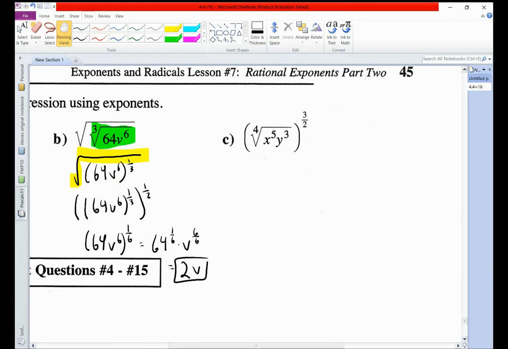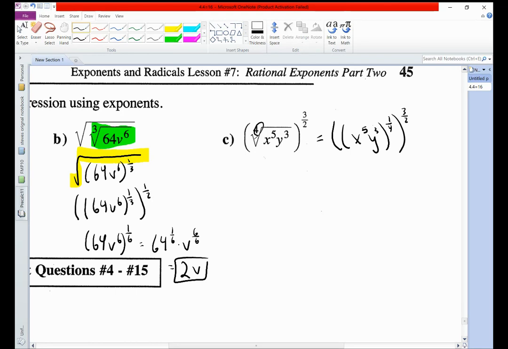The next one is pretty weird, but don't be freaked out. You can totally do this. So we have the fourth root of x to the power of 5 times y to the power of 3, all to the power of 3 over 2. So we can rewrite this as x to the power of 5, y to the power of 3, and we're going to convert this fourth root into exponent 1 over 4, all to the exponent 3 over 2.